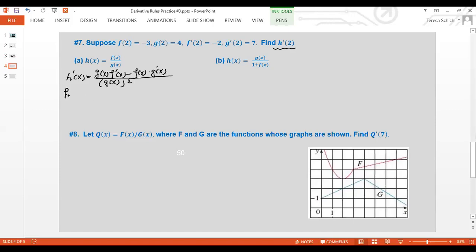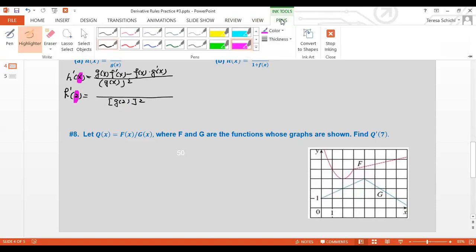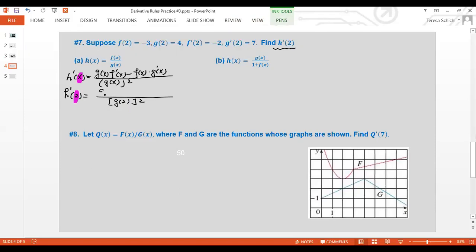And now you want to find h prime 2. So in here, this will give you g of 2 squared. You just replace every x with 2. So it's g of 2 squared, times g of 2 times f prime 2, minus f of 2 times g prime 2.